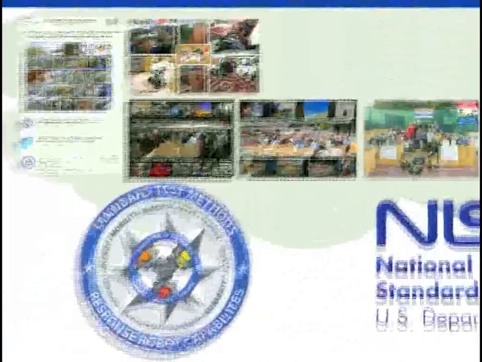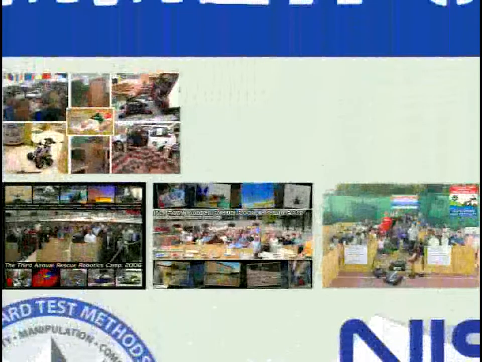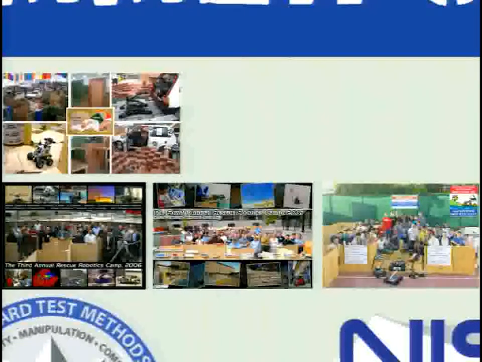This event is an outreach event of the DHS NIST ASTM International Standard Test Methods for Response Robots project, which also includes the RoboCup Rescue Robot League itself, and is also the successor to a series of events dating back 10 years to the 2004 Rescue Robotics Camp. It's also the immediate successor to the 2012 IEEE RAS SSRR Summer School, held with the kind support of the IEEE Robotics and Automation Society.